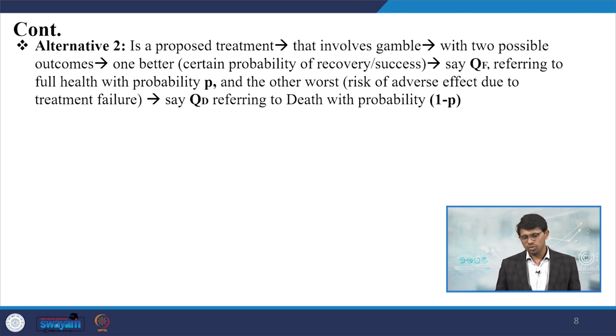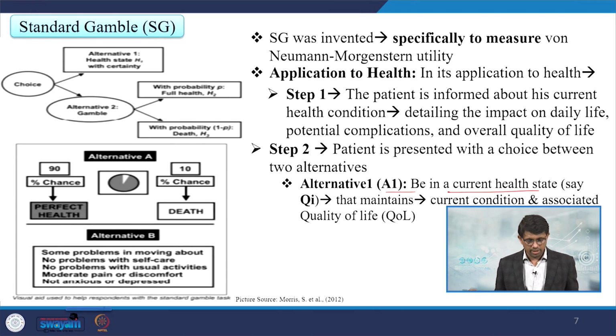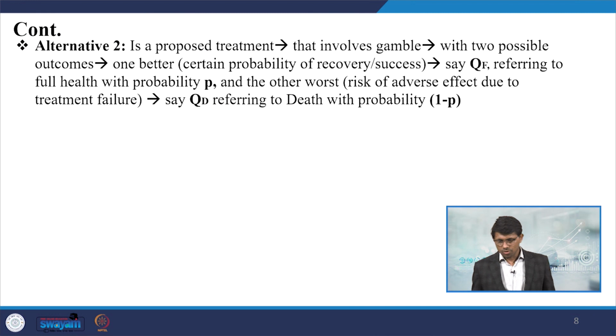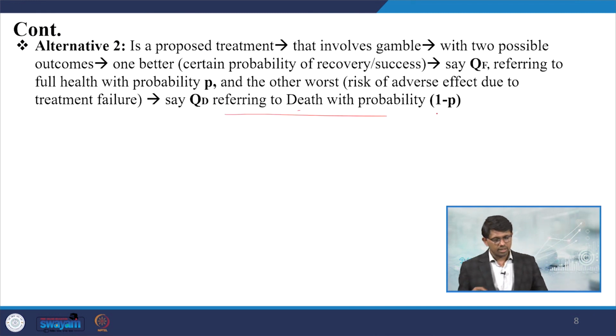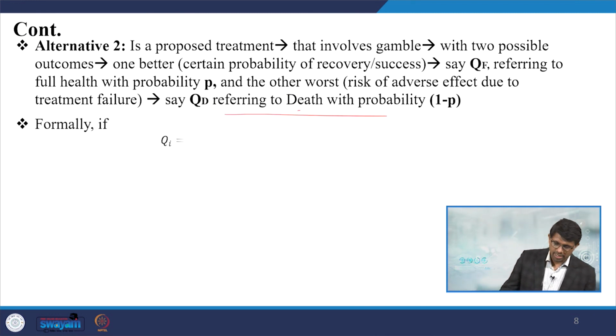So, it is called the risk of adverse effect due to treatment failure. This is mentioned with the probability p and 1 minus p. Treatment failure might refer to death with the probability 1 minus p.